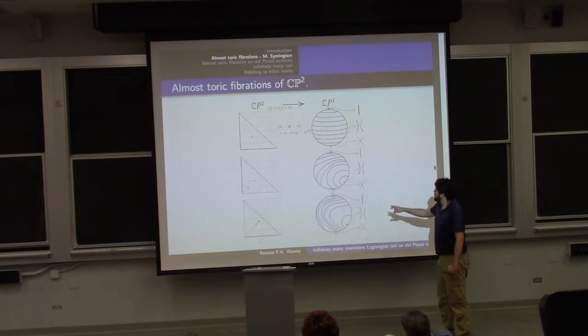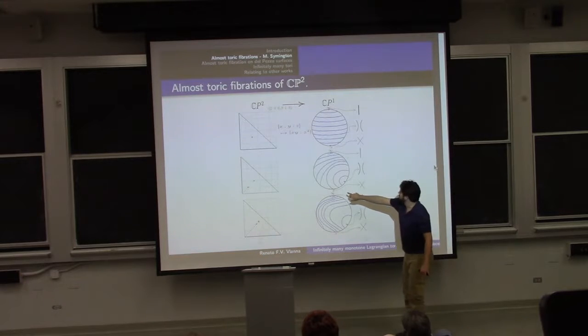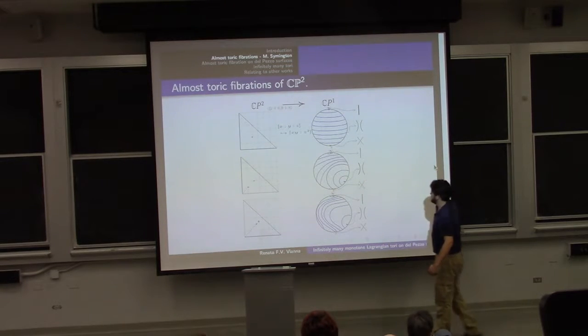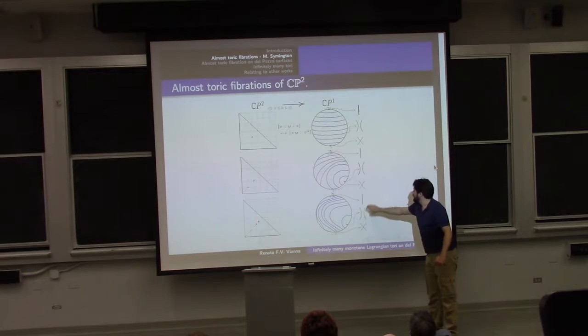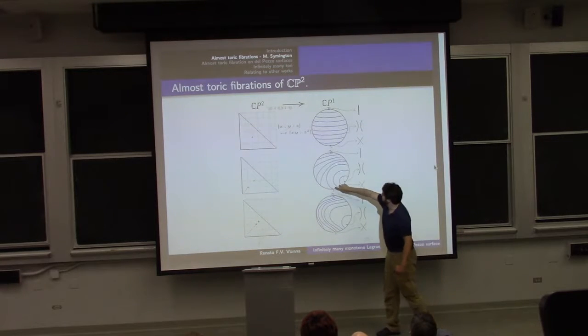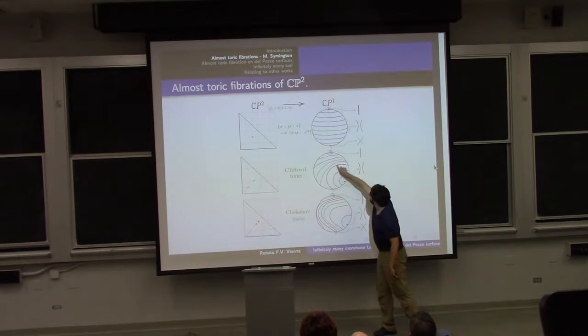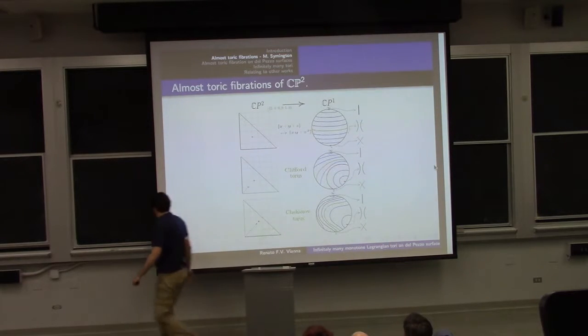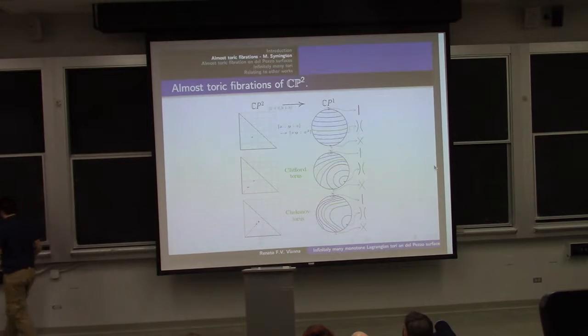But now if we take circles that collapse to this conic here instead, we are going to get one of these singular fibers.